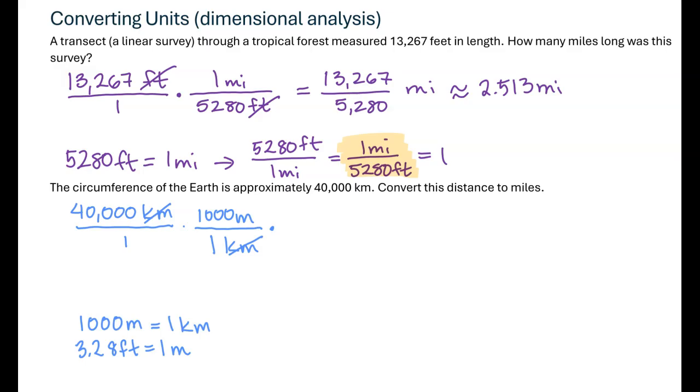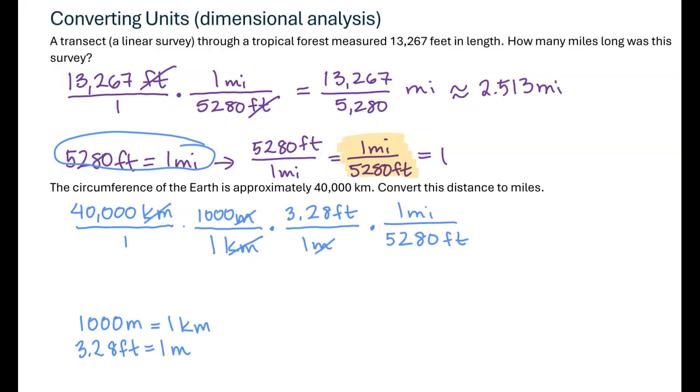So we have made it successfully to meters. We know that there are 3.28 feet in a meter. So I'm going to put the 3.28 feet on top because once again, I want the meters on the bottom so that that cancels out. And then my last one I used in the previous problem. There are 5,280 feet in a mile. So we want feet on the bottom in 1 mile.